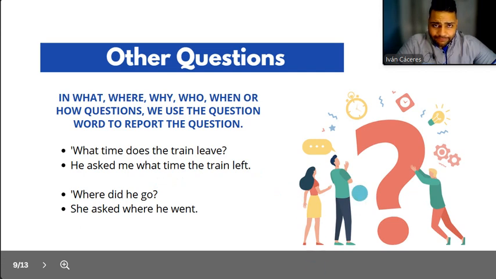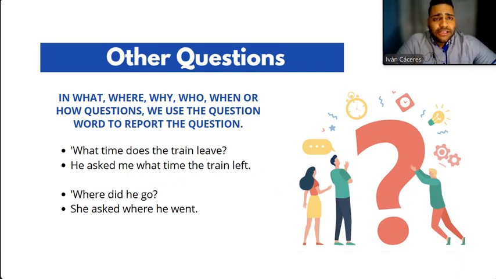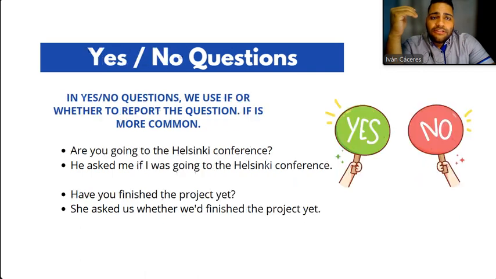Okay, great. So we follow the same structures, and remember, it's very easy. For open questions, we have to use the same word that they use in the question. It doesn't matter if it's what, where, why, who, when, etc. And for closed questions, which are yes or no questions, then we have to use if instead of the auxiliary or the question word that we use, which could be are, do, have, etc. Okay, pretty good.